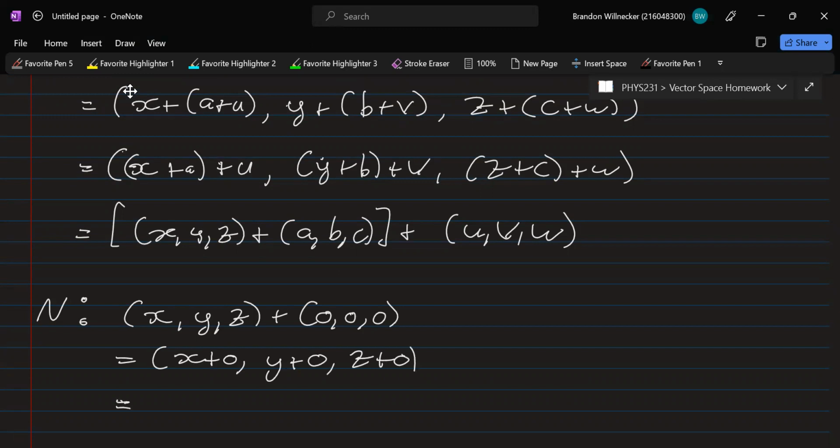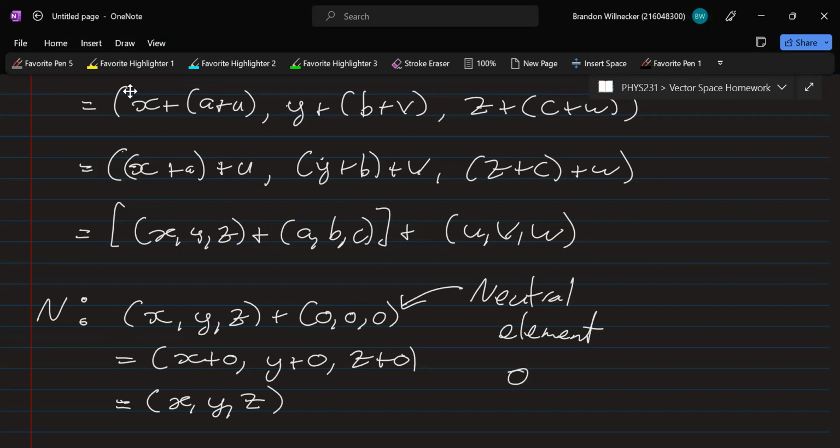But again, we're working with real numbers, so adding 0 doesn't change the number. So this is just going to be x, y, z. Okay, which means this tuple of just zeros must be our neutral element, also called the zero vector.